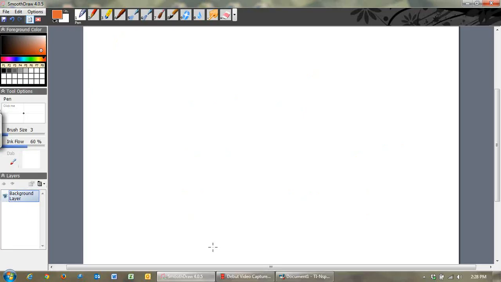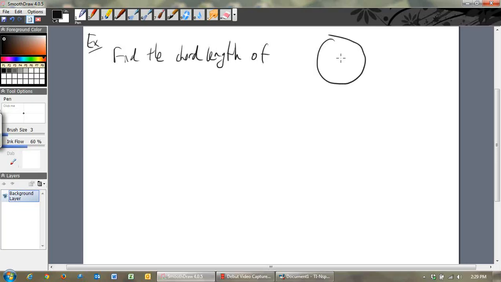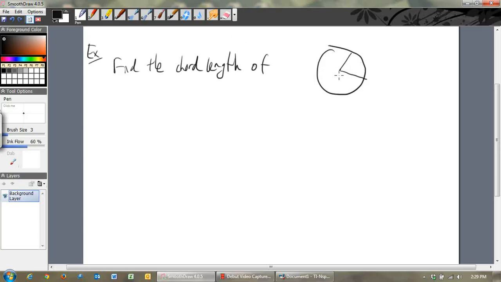I'll just do one or two examples because you guys are smart and you can figure out how to plug numbers into formulas. Okay, find the chord length. I'm just making something up here. So I've got this and that. Oh, it's supposed to be a straight line.